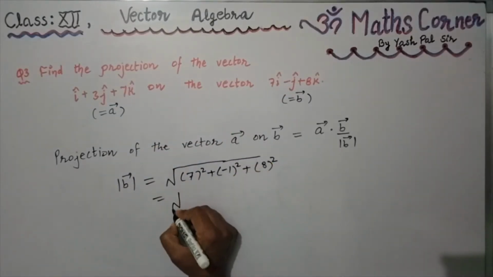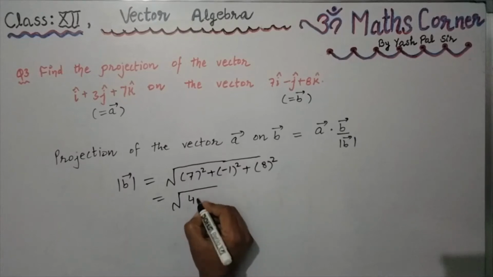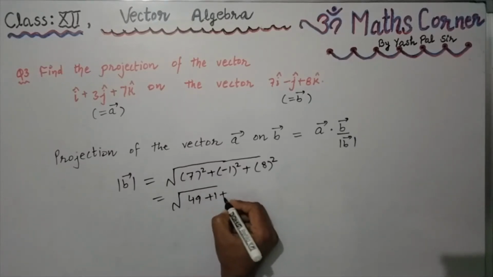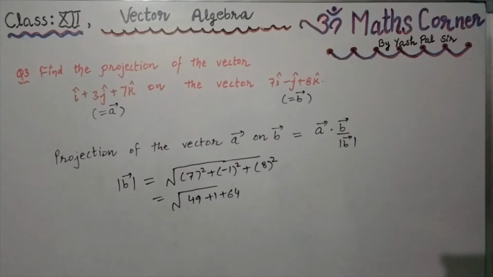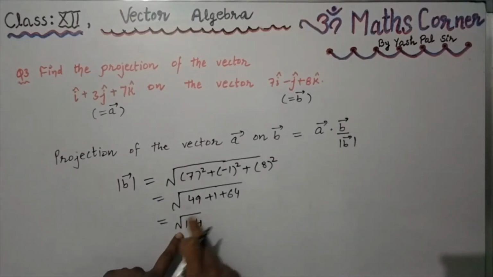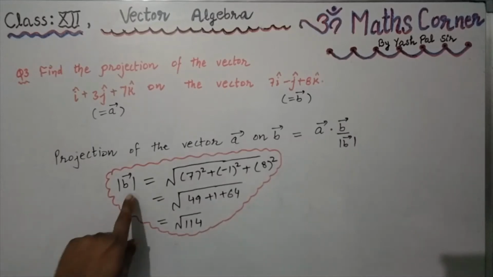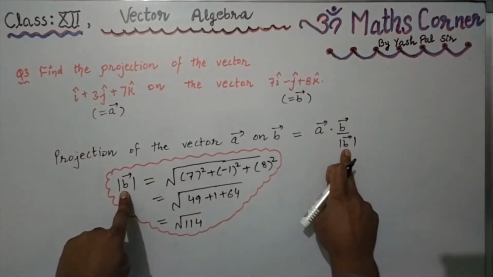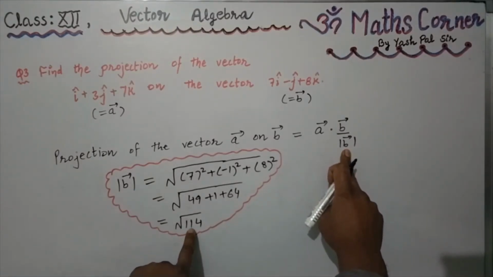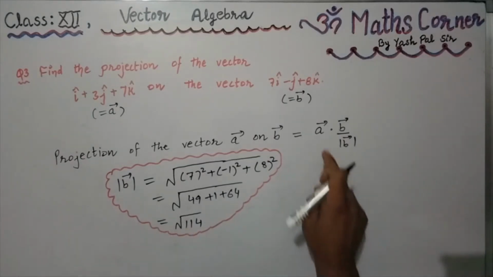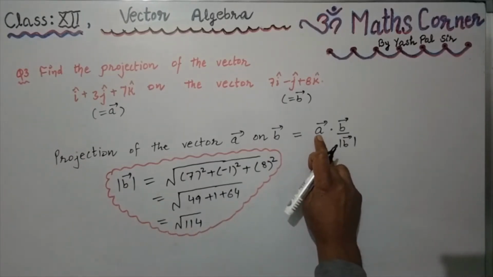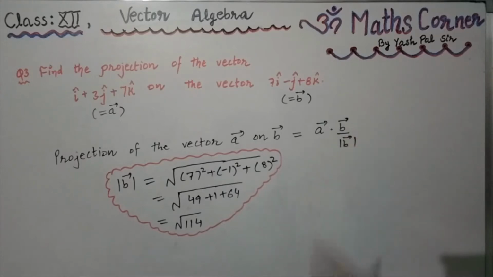So this becomes square root of 49 plus 1 plus 64, which is equal to square root of 114. So the magnitude of vector B is square root of 114. Now we need to find the product of vector A and vector B.